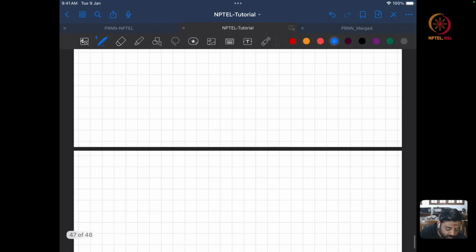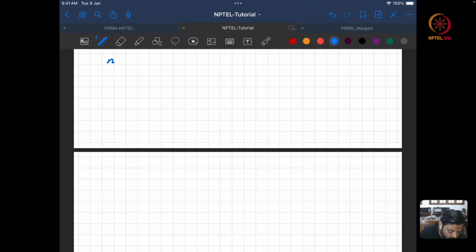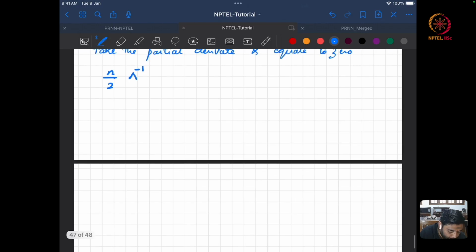Take the partial derivative and equate it to 0. That will be n by 2 sigma inverse minus half summation j is equal to 1 to n of the outer product terms, equal to 0. So now what will be the value?